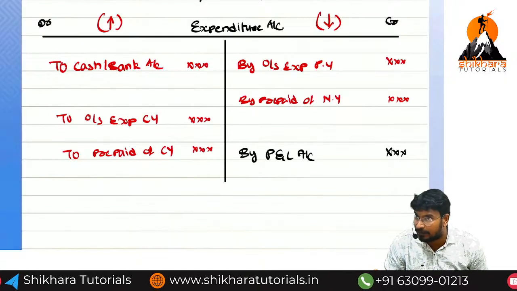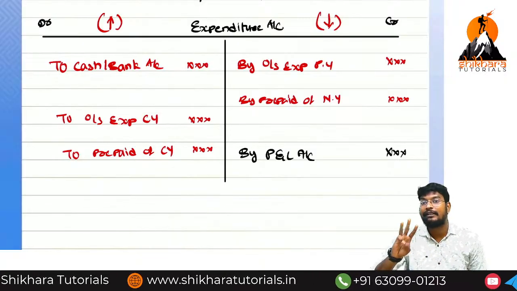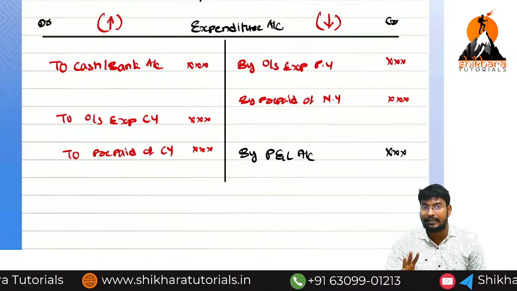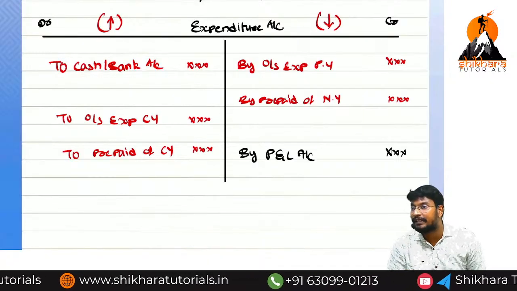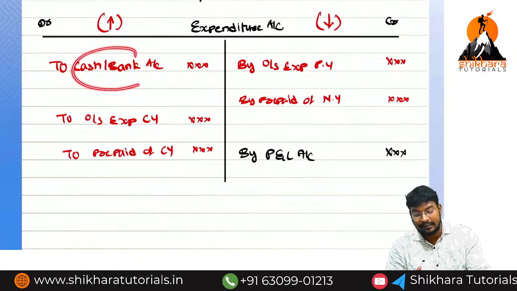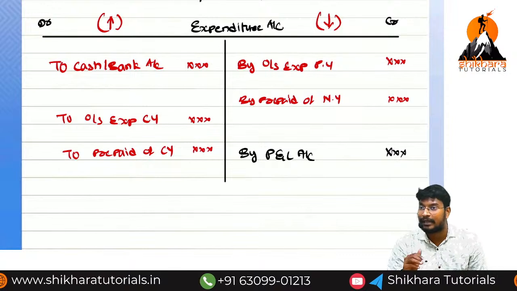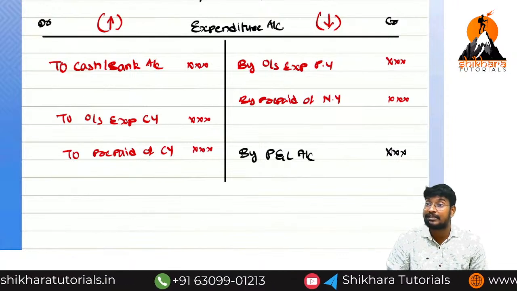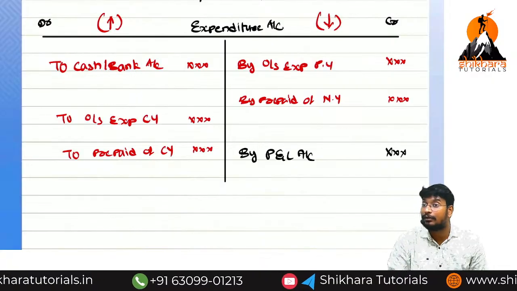Are you getting the point? Next, we have three items: expenses paid, outstanding expenses, prepaid expense. What is the entry for expenses paid? Expenses account debited to cash account. For that reason, I am recording to cash or bank. Next, outstanding expenses will have the opening balance and the closing balance.